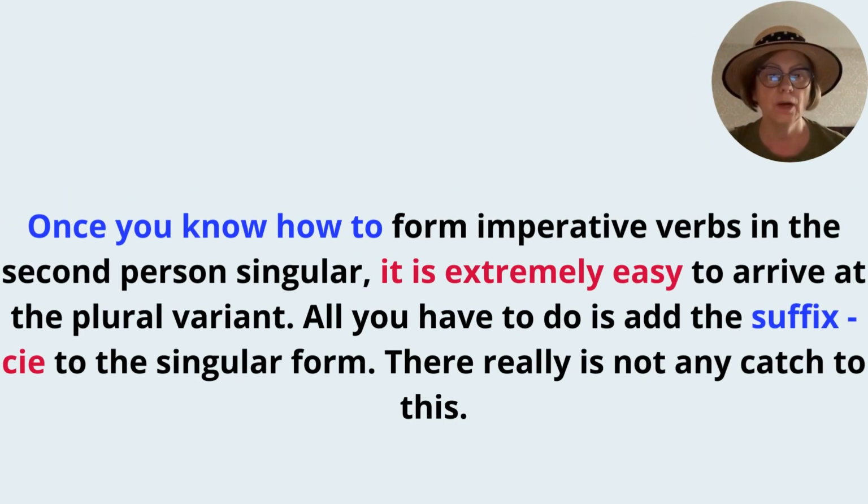Once you know how to form imperative verbs in the second person singular, it is extremely easy to arrive at the plural variant. All you have to do is add the suffix -cie to the singular form. There really is not any catch to this.